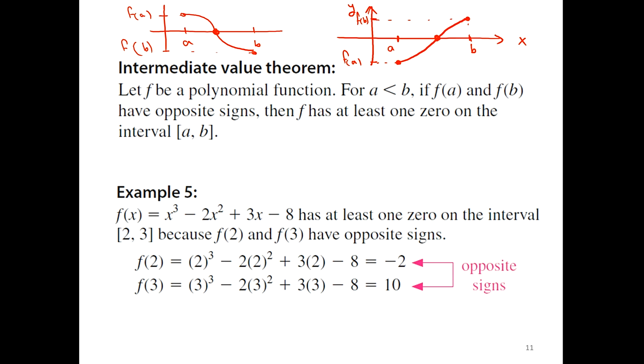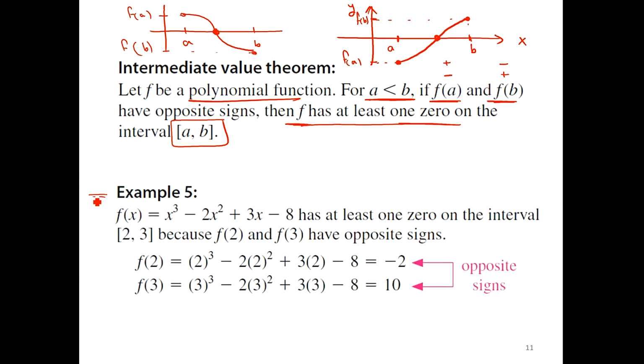So for this theorem, if you have a polynomial and a less than b, f of a and f of b have opposite signs, if one is positive the other is negative. Multiplying f of a by f of b must always be negative. So we have at least 1 zero for f of x on this interval a and b.